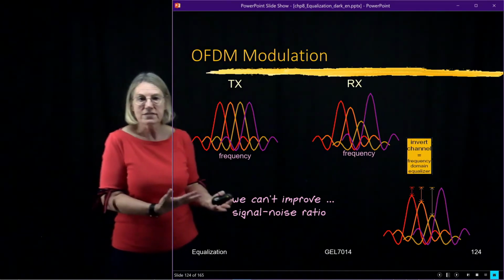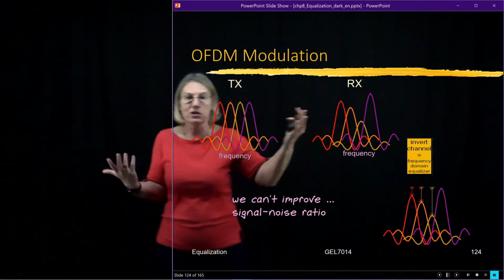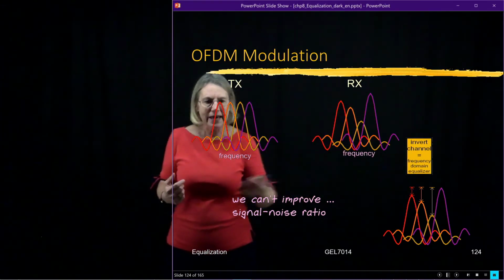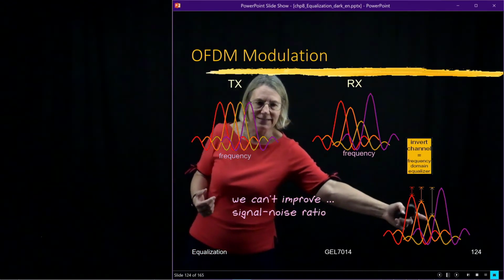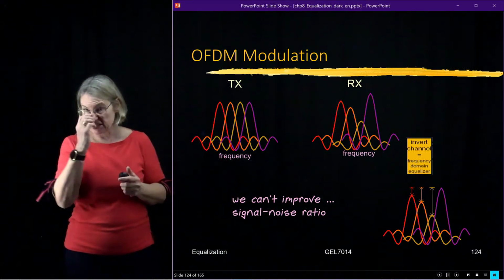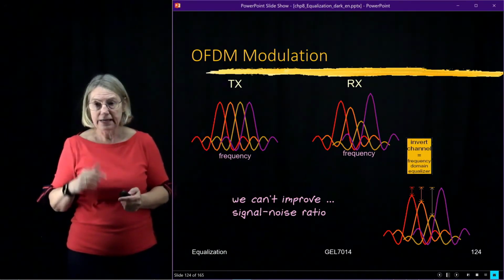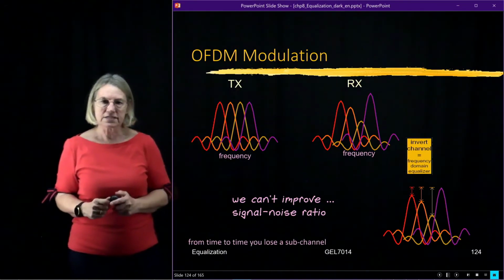The noise is always there. I can try and say, well, I know this one is attenuated, so I'll beef it up, but I'm going to beef up the noise too. So we can't improve the signal-to-noise ratio, and if we get a really bad hit, I'm going to lose something. That's just what happens, and I have to do a retransmission. So from time to time, you lose a subchannel.